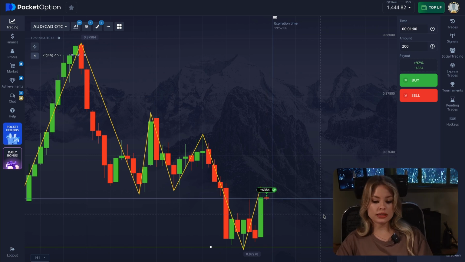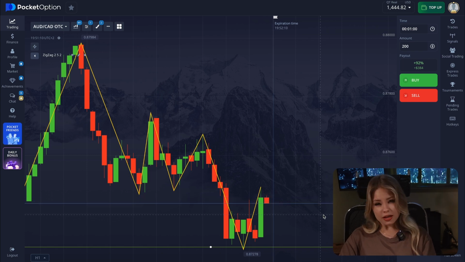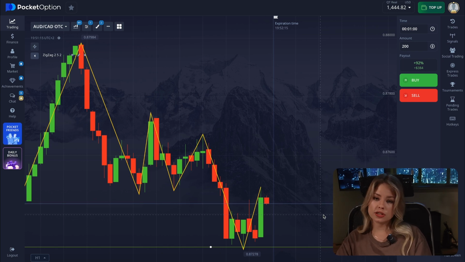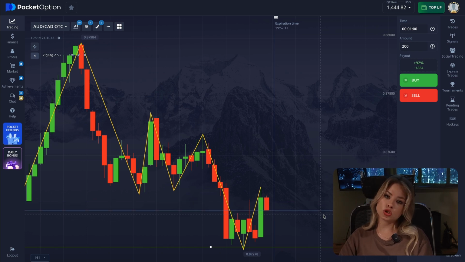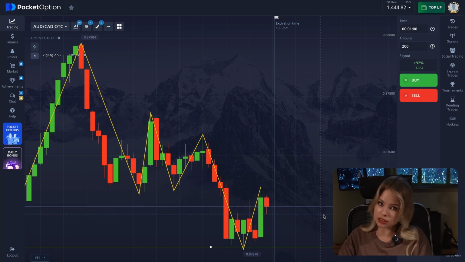Well, looking at ZigZag is quite strange because it doesn't give you information in which direction the price will go, it just shows the past of the chart, the past of the market.